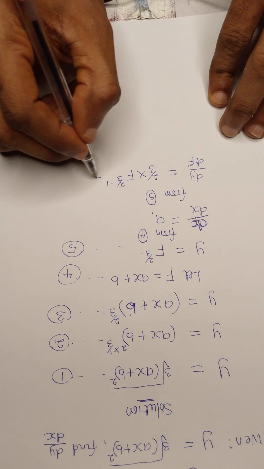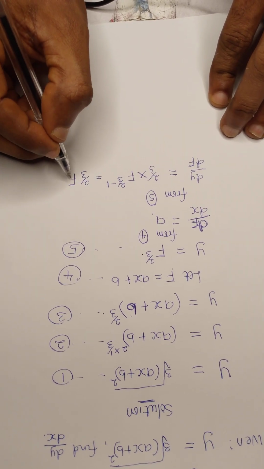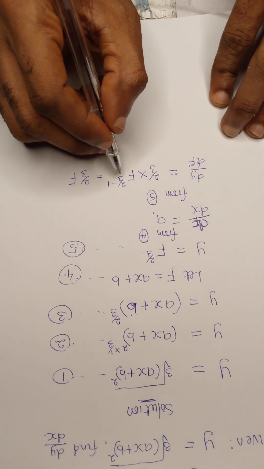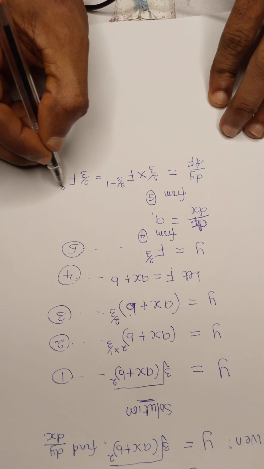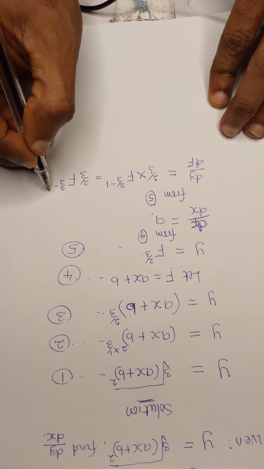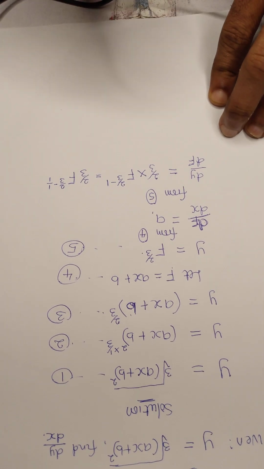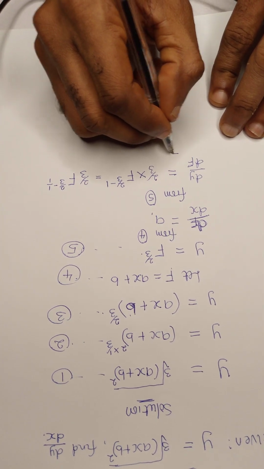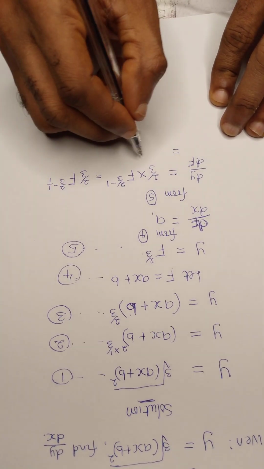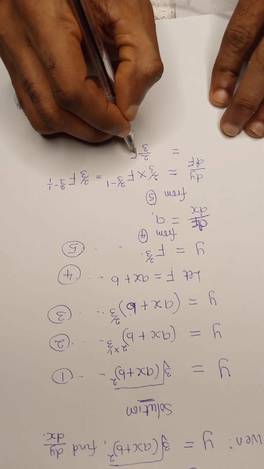So this will give us 2 over 3 f raised to the power of 2 over 3 minus 1 over 1. We just find the common denominator so that it will make it easy for us to solve.